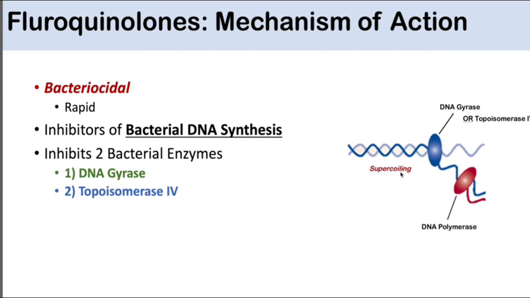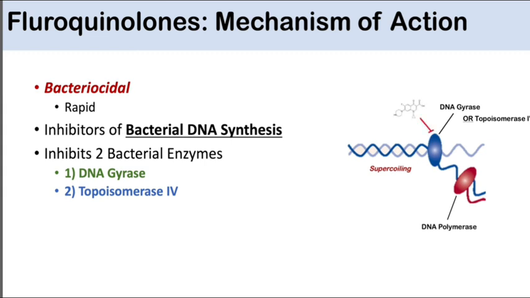If you can imagine unraveling a coil of some kind, it can become very tight in the fork of that unraveling. So what DNA gyrase and topoisomerase 4 do is relieve the supercoiling. They relieve the tightness and the pressure in the DNA strands during this process.